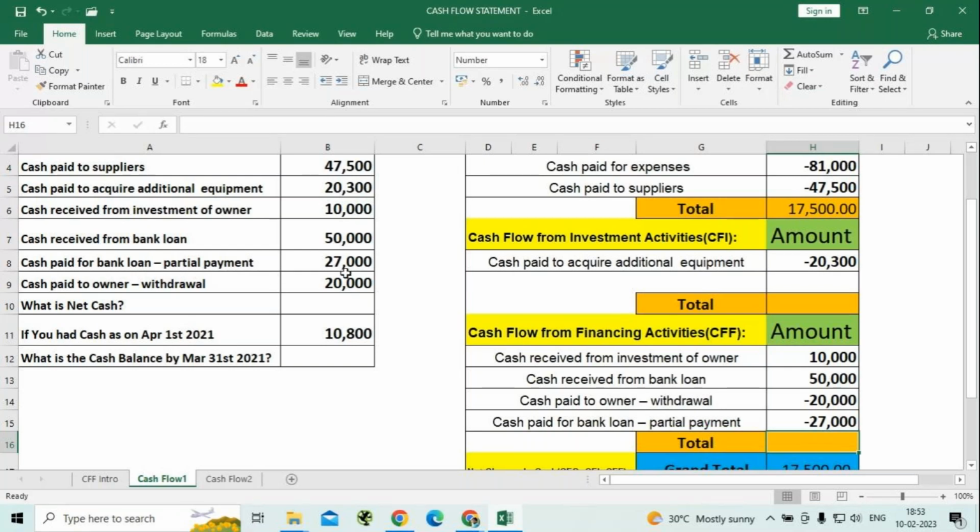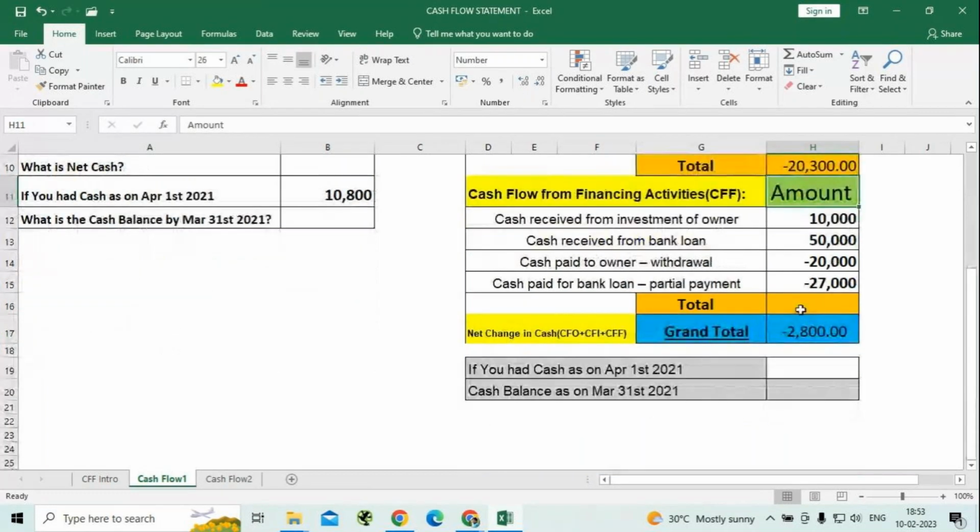Okay. So now let us see the total of this. There is only one. So minus 20,300. So this one I have to sum up.